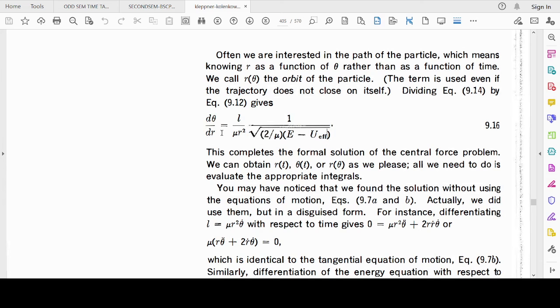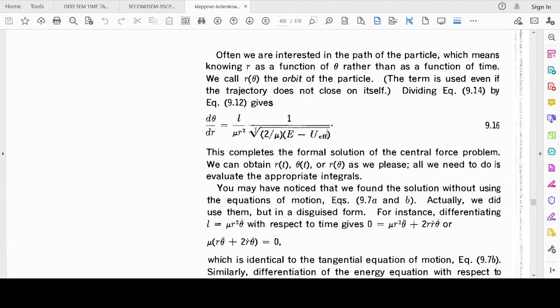If I solve this equation, we can find the value of r in terms of theta. You can find r of t, theta of t, and r of theta. So we have to find the integrals.